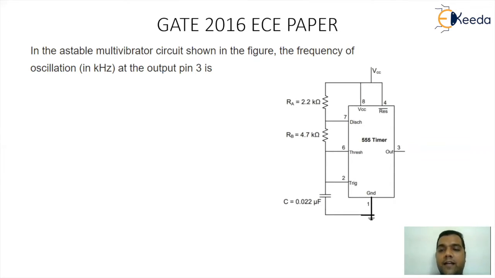RA is connected between pin number 8 and pin number 7. The second resistance RB is between 7 and 6. The 6 and 2 is shorted. And at pin number 2, we are having a capacitor of 0.022 microfarad. Pin number 1 is grounded and pin number 3 works like an output pin.